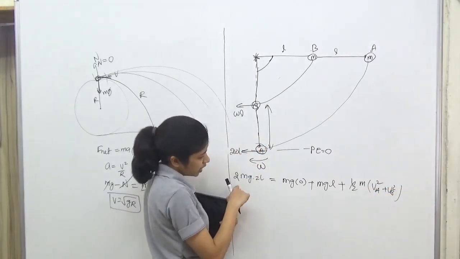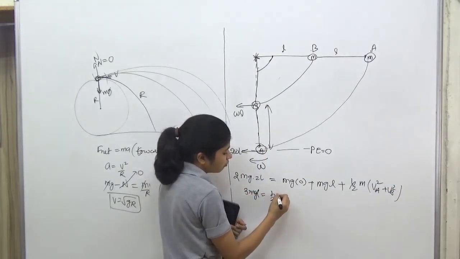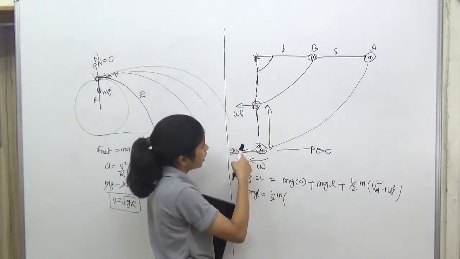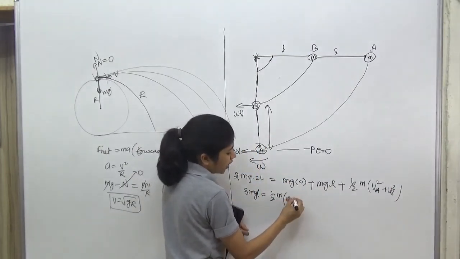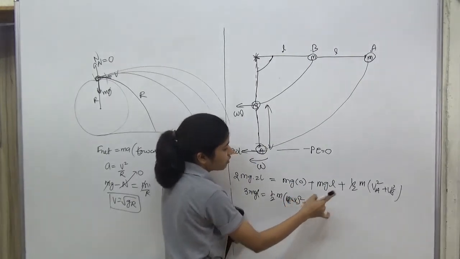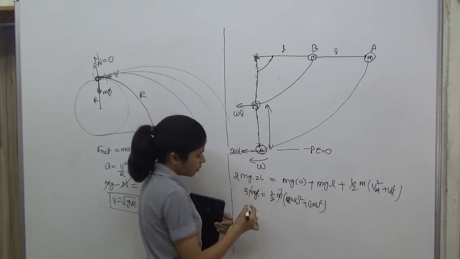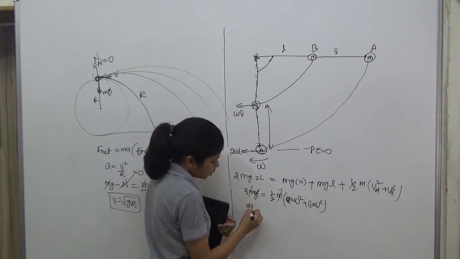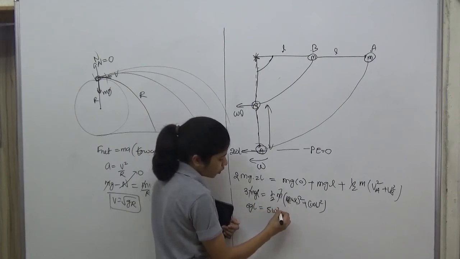So 4 mgl minus mgl, 3 mgl is equal to half m va square is 2 omega L square plus Vb square is equal to omega L square. Now from here m से m cancel. So 6 gL is equal to 4 omega square L square plus omega square L square, 5 omega square L square.